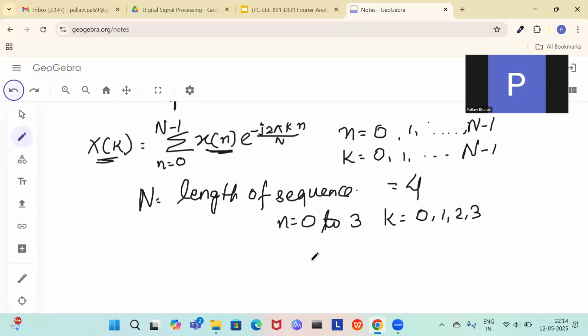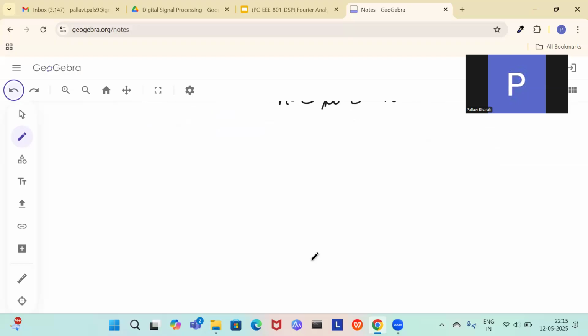See it very carefully. If I write X of 0, you know the formula: small x of 0 e to the power minus j 2 pi k n by N, where k is 0 here, n is also 0, capital N is 4, plus x of 1. So see, k will be 0 for all of them.